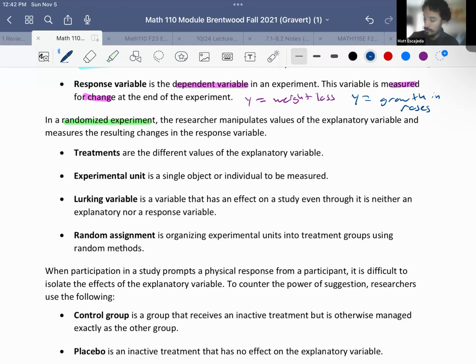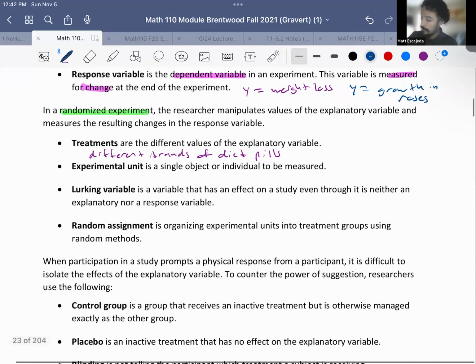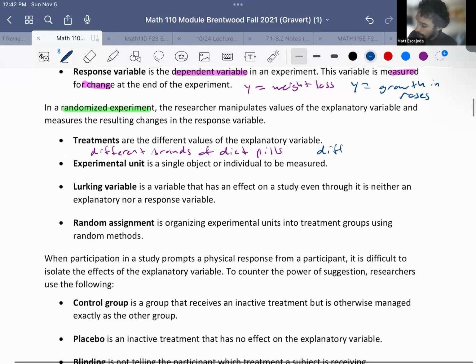Okay, so in terms of our example, what this could mean is different brands of diet pills. And in a rosebush experiment, this could be different brands of fertilizer. Okay, so those are treatments.